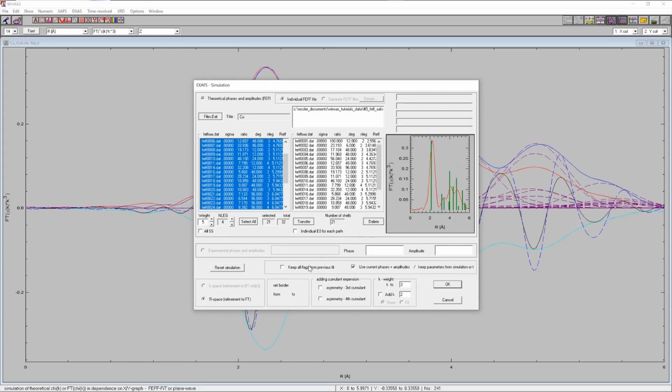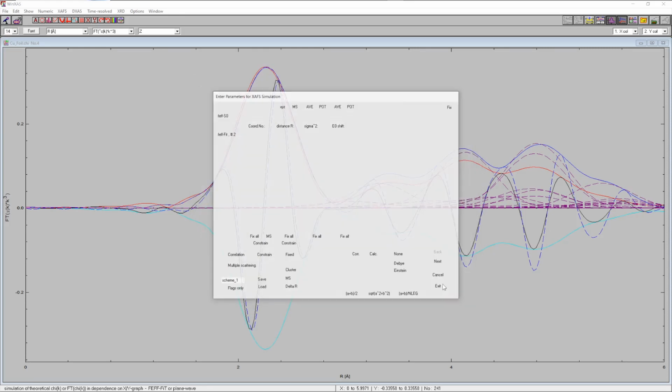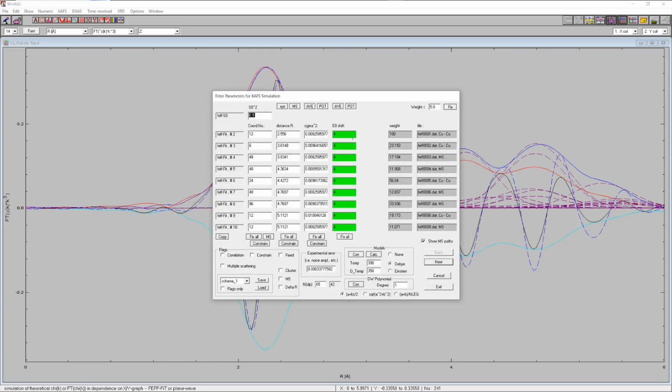We want to reset the flags, basically, so the correlations, but we want to keep the value. So just click on OK. And now we are using this average option. So basically the Debye-Waller factors of the individual single scattering path are free now, and only the Debye-Waller factors of the multiple scattering path are calculated based on this average.